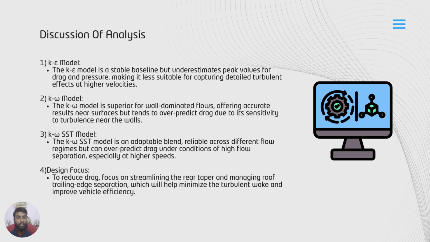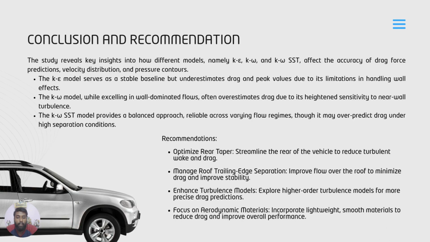The KWSST model is an adaptable blend, reliable across different flow regimes, but can overpredict drag under conditions of high flow separation, especially at higher speeds. The design focus is to reduce drag: focus on streamlining the rear taper and managing roof trailing edge separation, which helps to minimize the turbulent wake and improve vehicle efficiency.